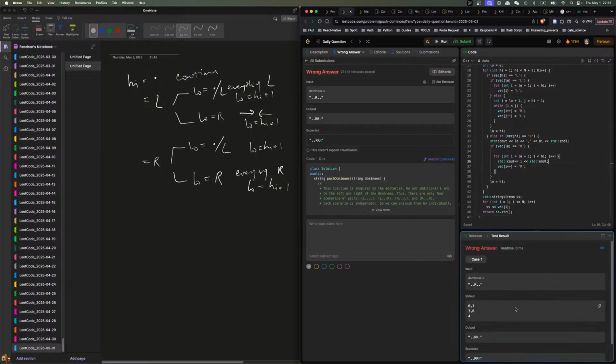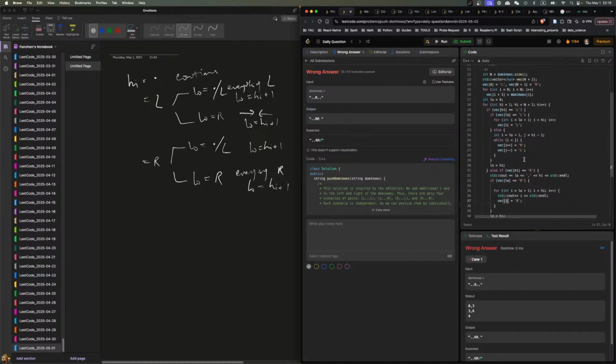Print debugging. I only get 4. I see. My bad. That is pure stupidity.